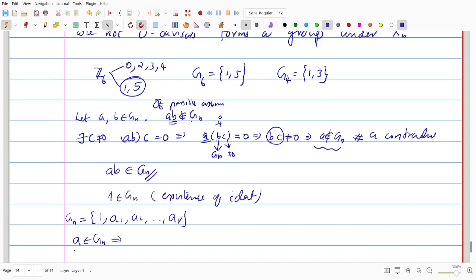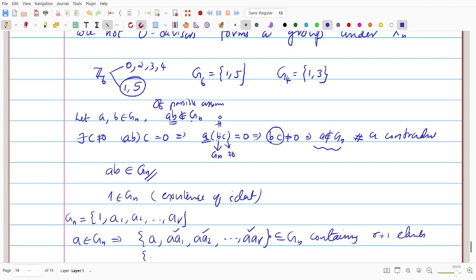That means you multiply every element of this set with A: A A1, A A2, etc., A AR. This is a subset of Gn because it contains exactly R elements, and it is always a subset of Gn containing R elements.